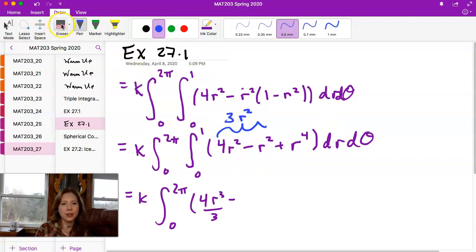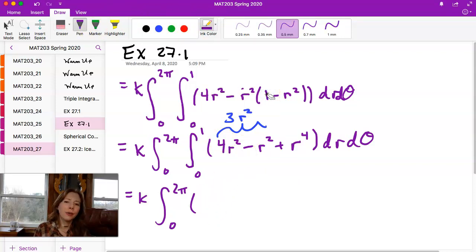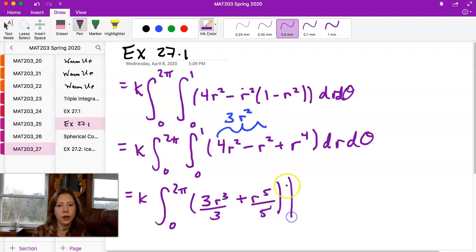So let's just integrate that 3r squared piece, which is much nicer. So we're going to have 3r cubed over 3, which is just r cubed, plus r to the 5th over 5. We're going to go from 0 to 1, d theta.